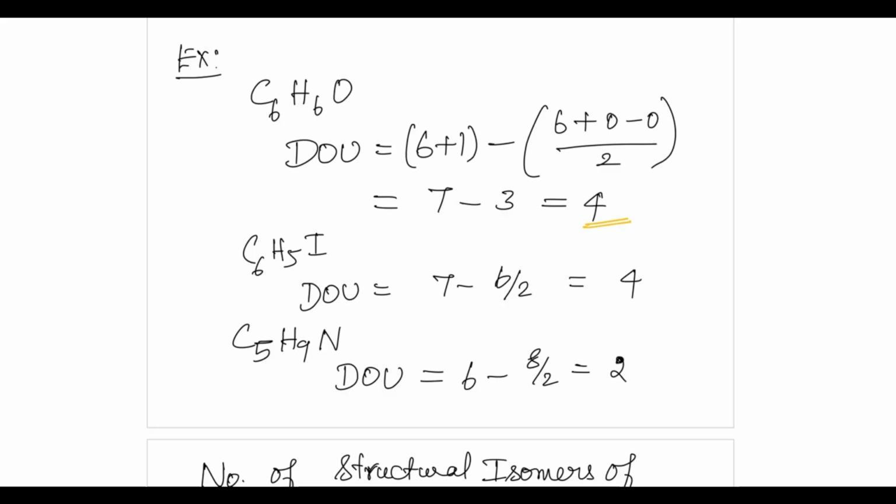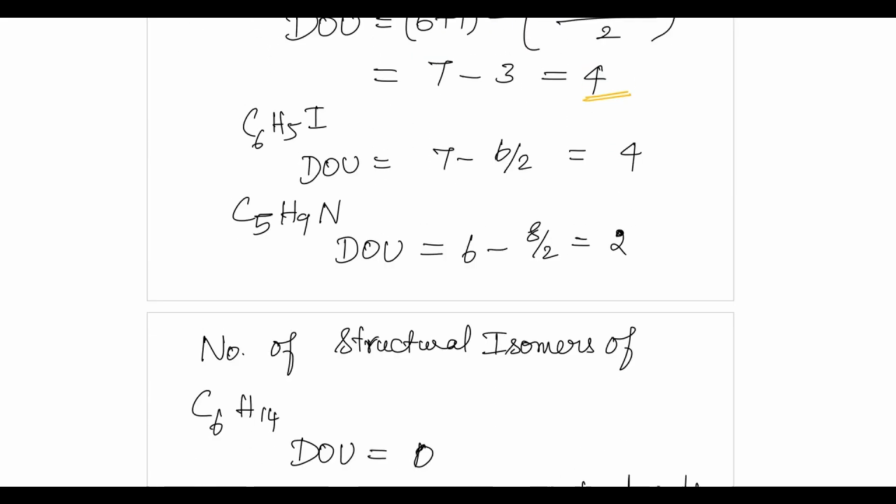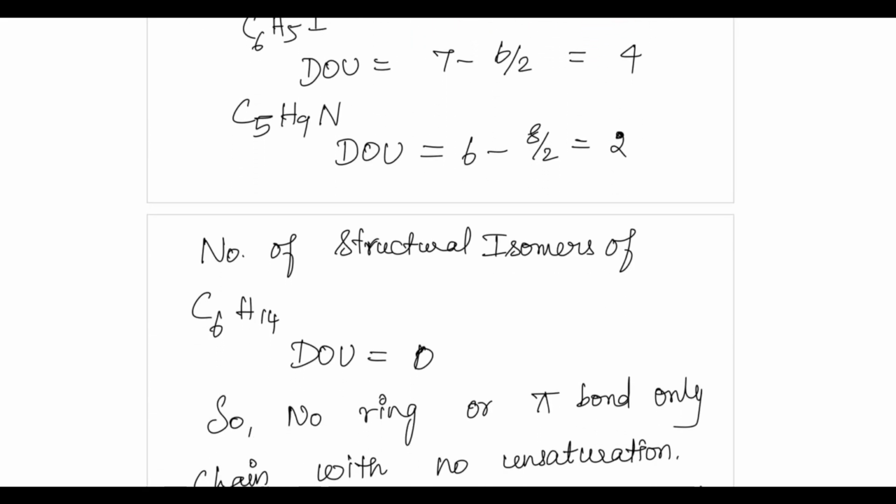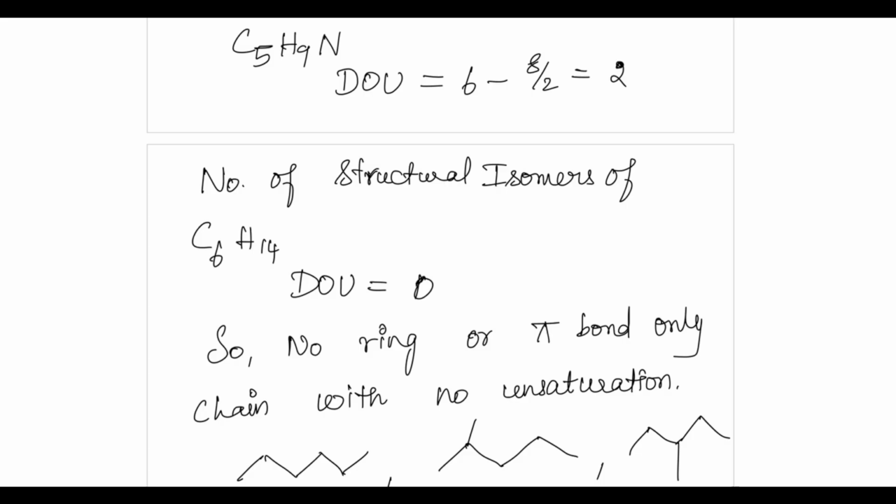If you're writing a structure, like you can see, this is C6H5OH, right? Phenol. Where I'll have 1, 2, 3 as double bond and 1 as a ring. So total 4 degree of unsaturation. Likewise, you can check for C6H5I, C5H5N.